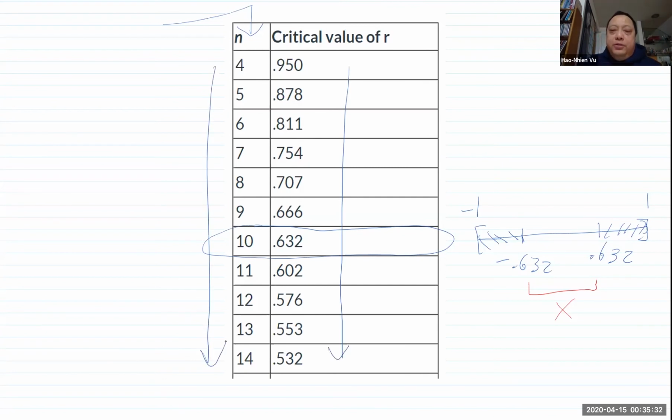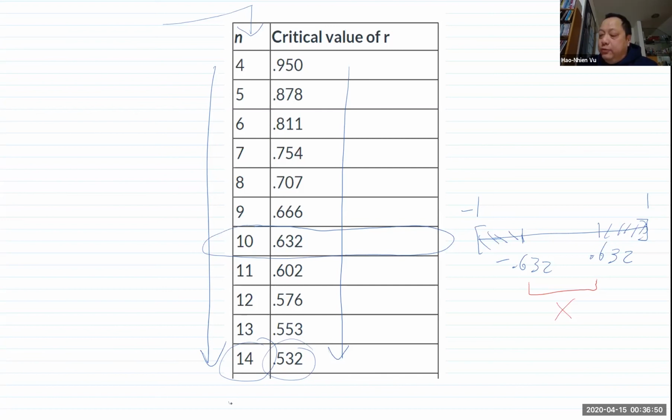The more pairs of numbers you have, the less you require of R. This is a very short table. It only goes to 14. But even the long tables only go to 100. So if you have an n that goes over whatever the maximum of the table is, then if it beats the number for 14, if it beats 0.532, either positive 0.532 or negative 0.532, then it's good.